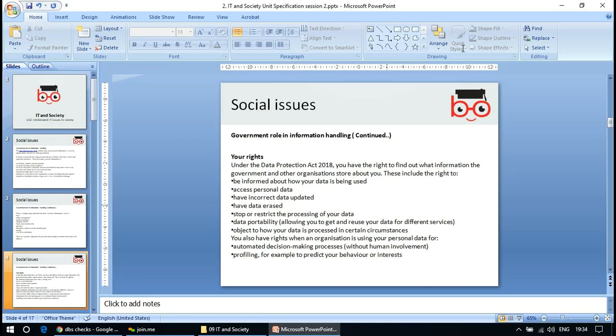You also have rights when an organization is using your personal data for automated decision making processes, like credit checking, and profiling, for example, to predict your behavior or interests.